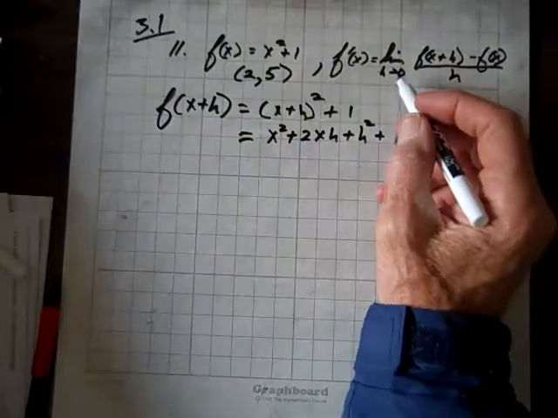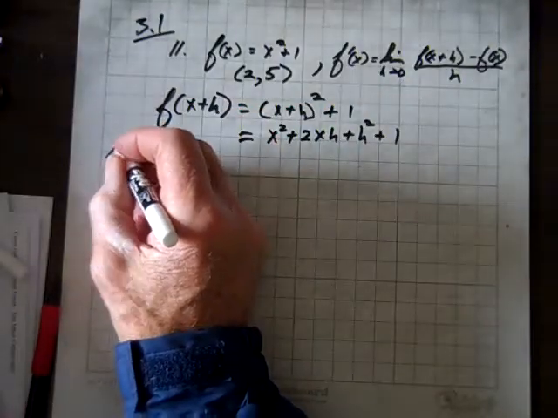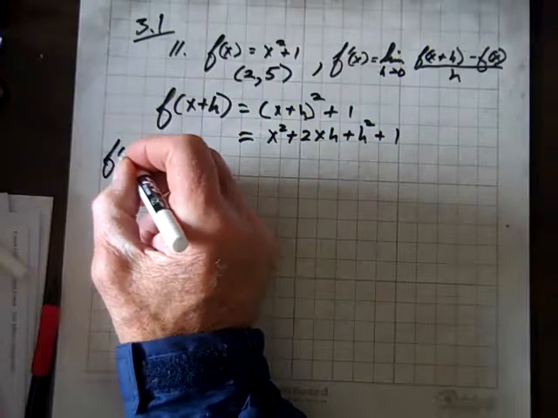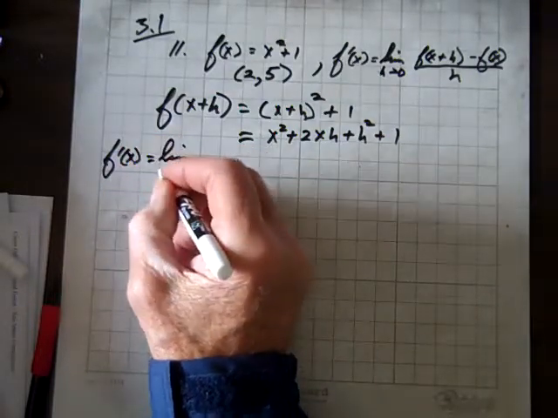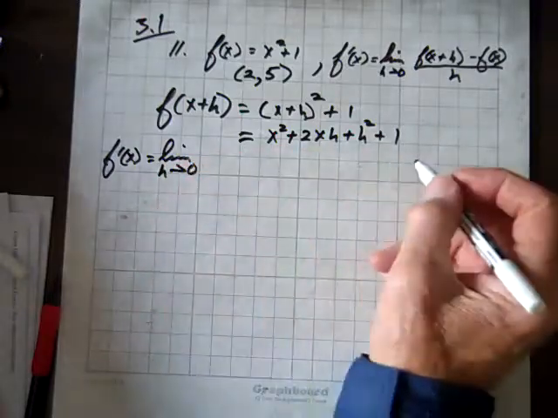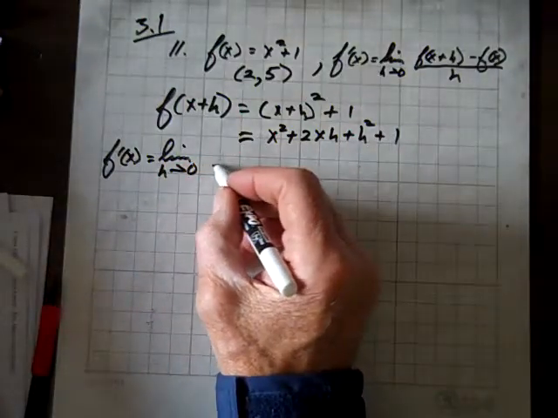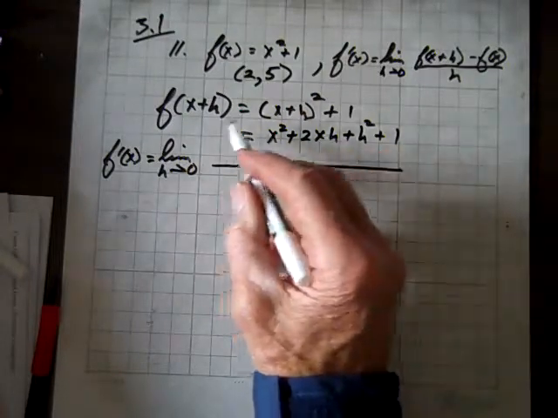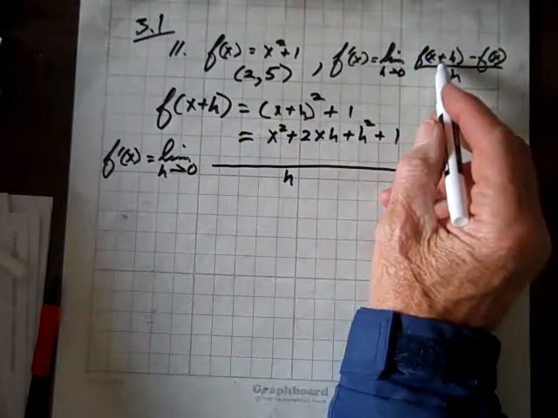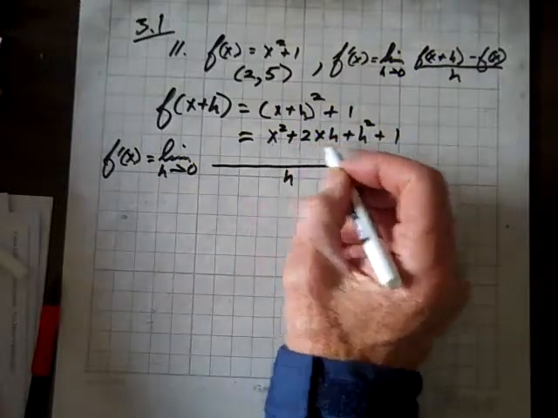Now, let's find the slope. Therefore, f prime of x equals the limit as h goes to 0, and we have an h downstairs. Now we have to employ f of x plus h, so install its identity.